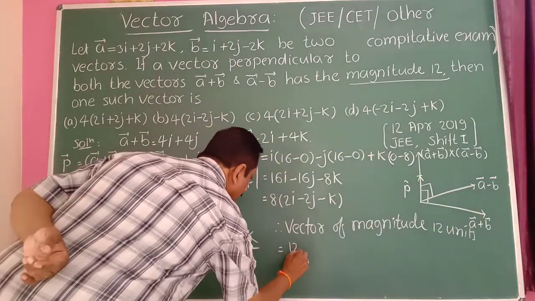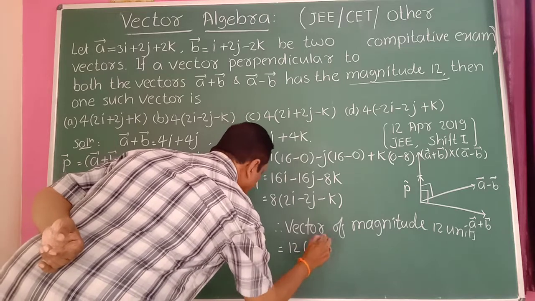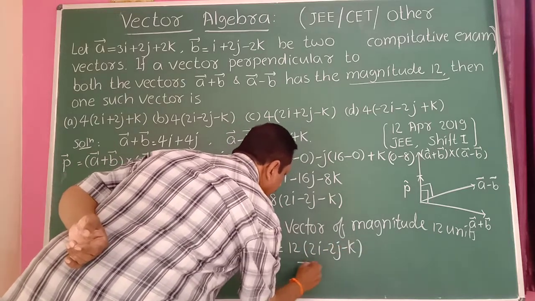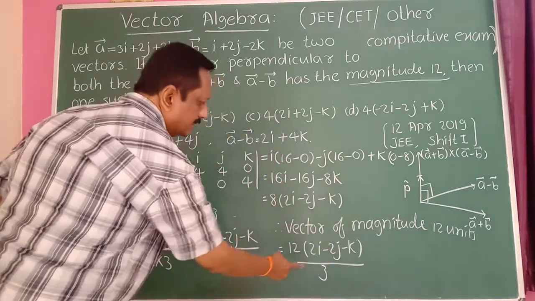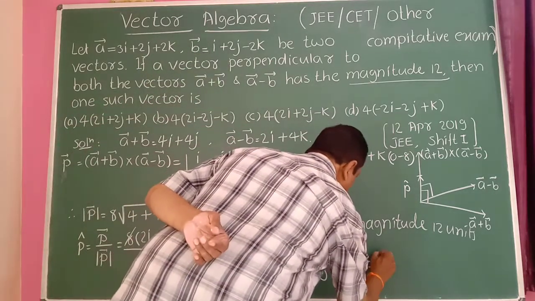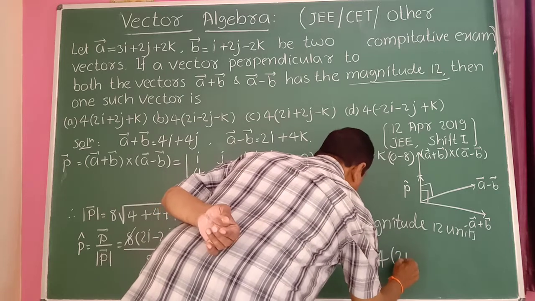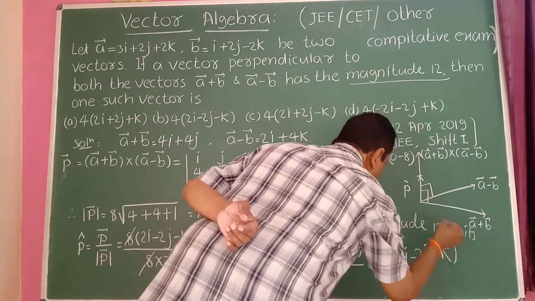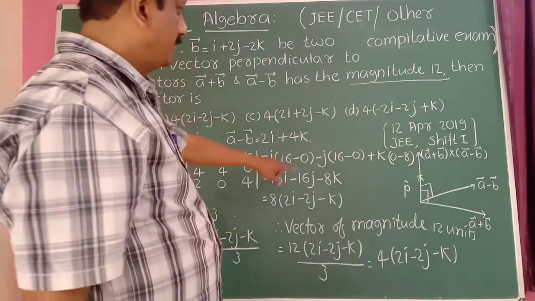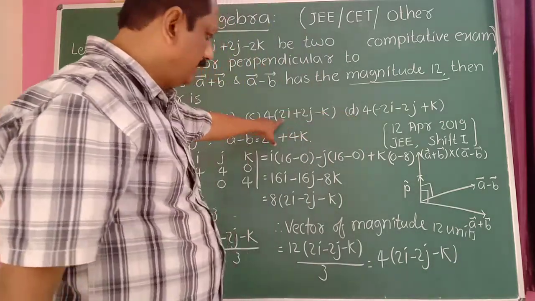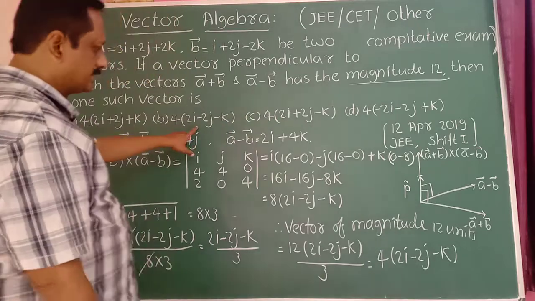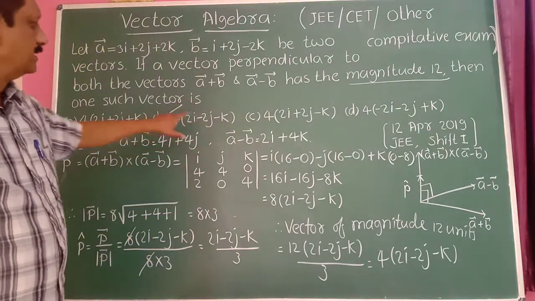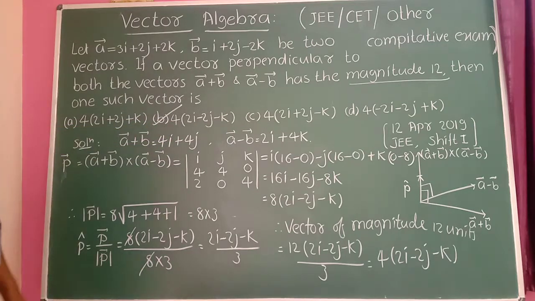So 12 into 2i minus 2j minus k divided by 3. 3 ones are 3, 3 fours are 12, cancels here. 4 into 2i minus 2j minus k. Therefore 4 into 2i minus 2j minus k means the second option here. So B is the correct option.